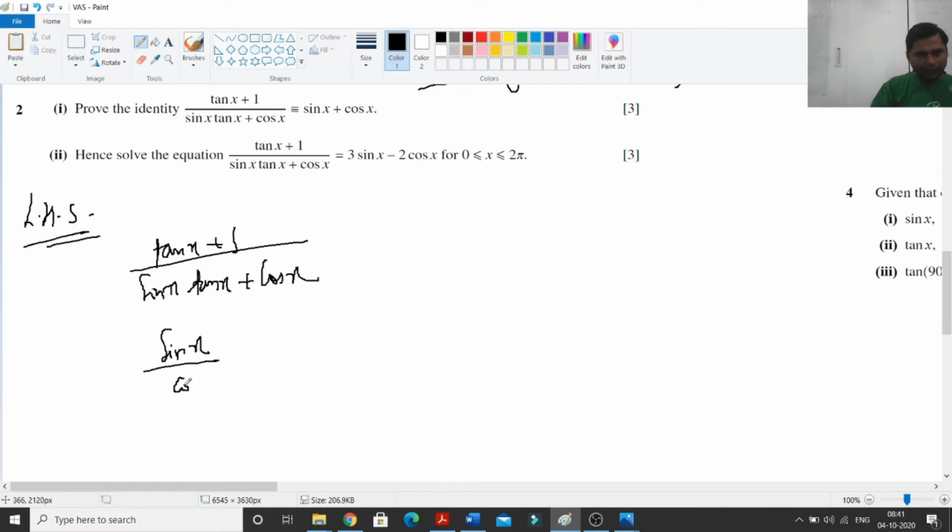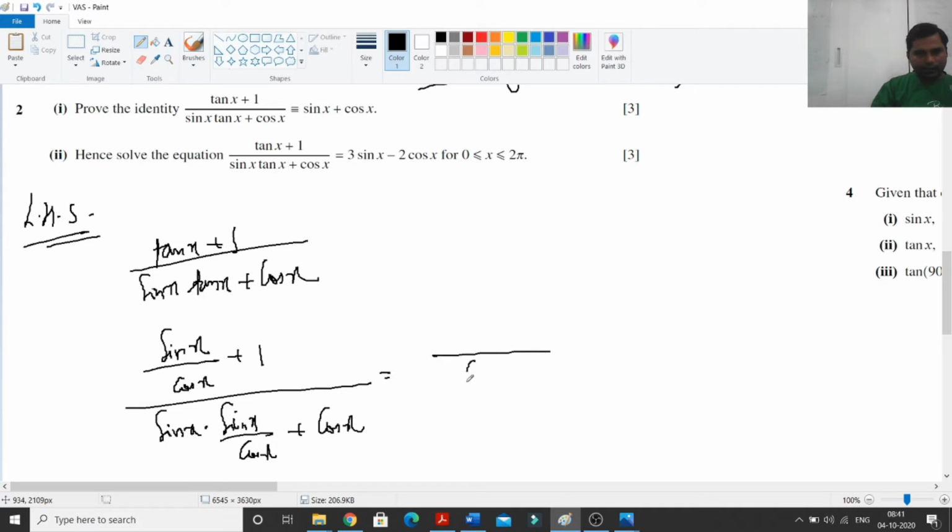Sin x divided by cos x plus 1 over sin x times sin x divided by cos x plus cos x, right? Then in the numerator take LCM, so cos x, you'll get sin x plus cos x, and in the denominator you can write this as sin square x and take the LCM, so you'll get cos square x over cos x.